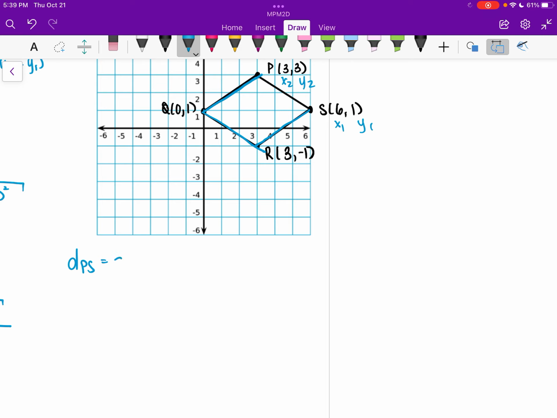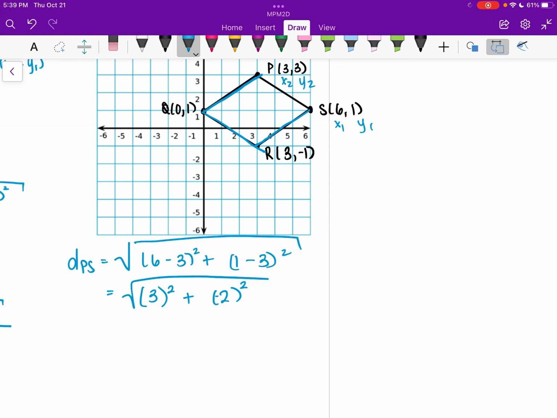So square root of 6 minus 3 squared plus 1 minus 3 squared. The reason is 6 minus 3 is 3. I'll just go through this, you can skip the step. 1 minus 3 is negative 2, squared. That equals 9 plus 4, which is square root 13.